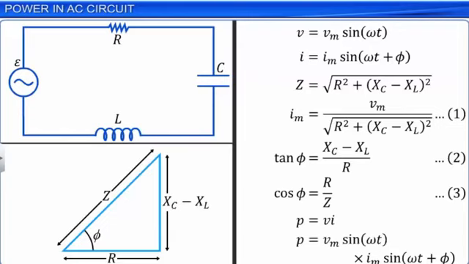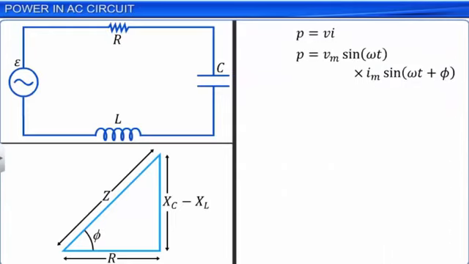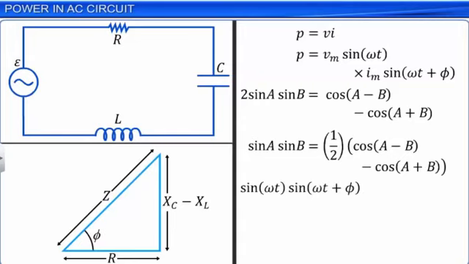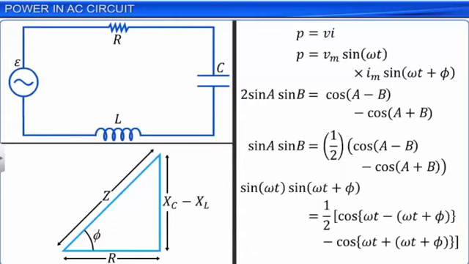Using the trigonometric identity, 2 sin A sin B is equal to cos(A minus B) minus cos(A plus B), or sin A sin B is equal to half [cos(A minus B) minus cos(A plus B)]. We get sin omega t into sin(omega t plus phi) is equal to half into [cos(omega t minus (omega t plus phi)) minus cos(omega t plus (omega t plus phi))].